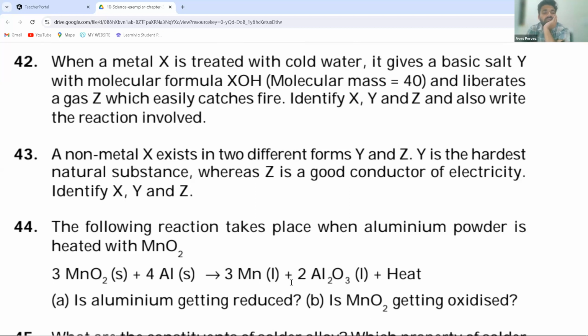Okay. Question 43, this I gave you as homework. Did you do 43? A non-metal X exists in two different forms. Y is the hardest natural substance, whereas Z is a good conductor of electricity.